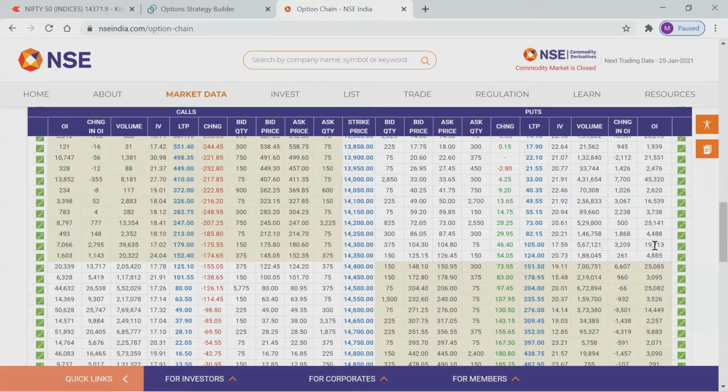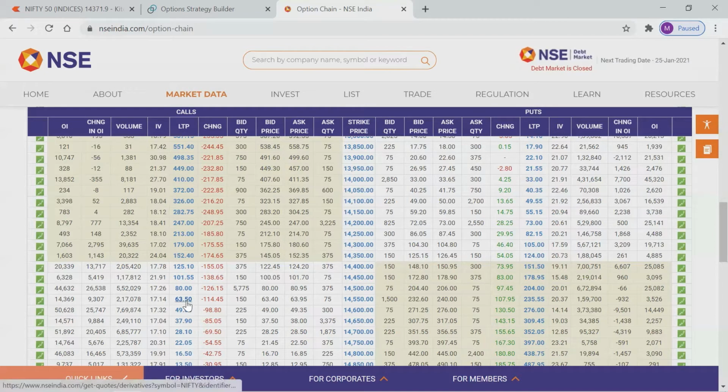Here it's just 19,000. Here it is 4,000, again very less. This one is 25,000, which is huge among the slightly OTM strikes. This is 16,000, which is also less than 25. So 25,000 is the highest OI in slightly OTM put strikes, so I need to select the 14,200 put strike.